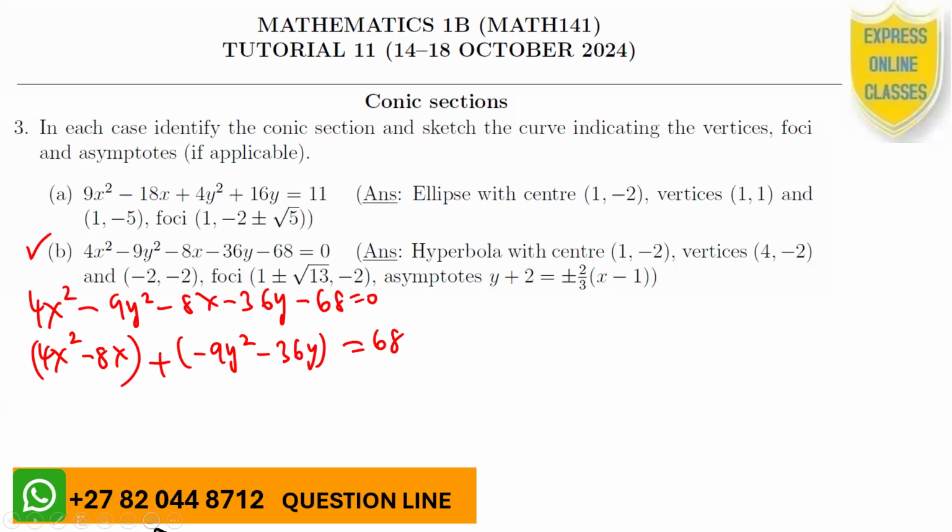Okay, we have that. Let us factor out 4 from the first, getting x squared minus 2x. Factor out -9, you have y squared plus 4y. You need to complete the square within the parentheses at this point. Let us check this out.